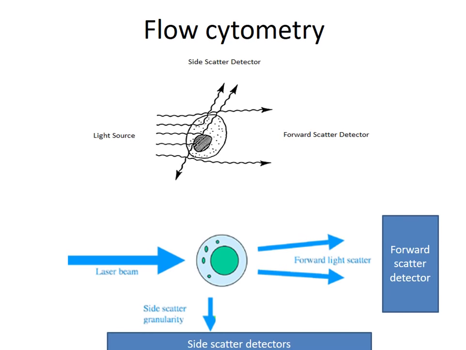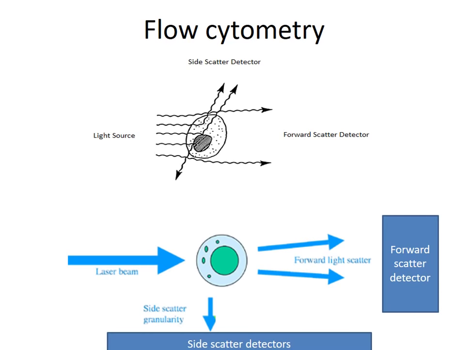So as you see here, the light source enters the cell, and you're going to get two ways of deflecting the light. One is that all the internal components within the cell, like the cytoplasmic granules, will cause deflection of light out the side. So for instance, if light shines in the cell and hits the nucleus, you'll get light scattered to the side, and this is called side scatter.